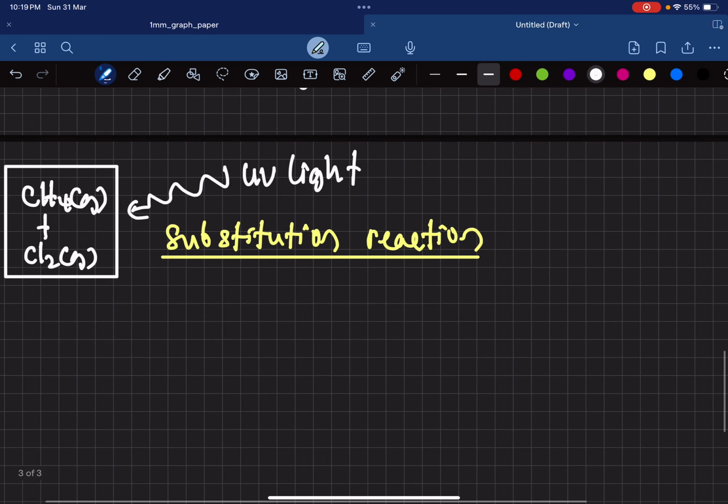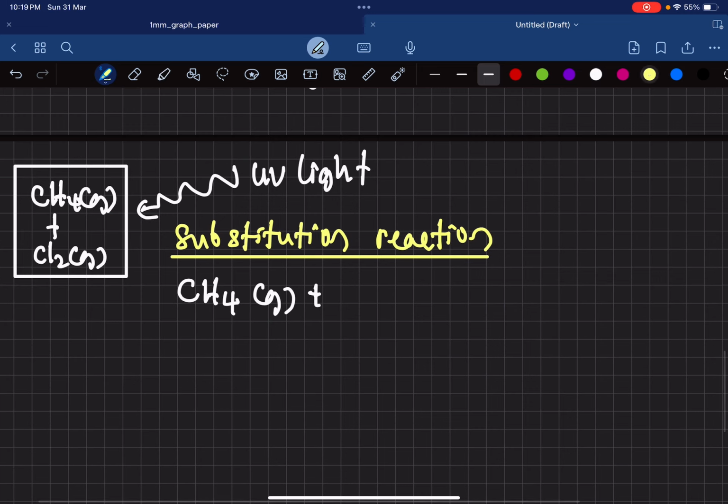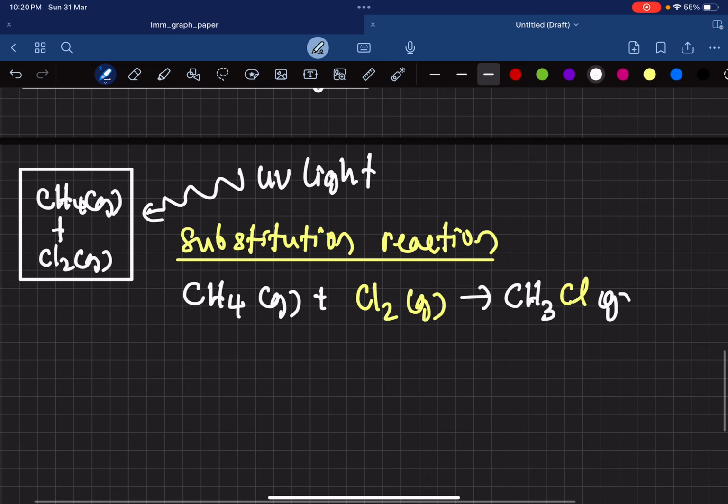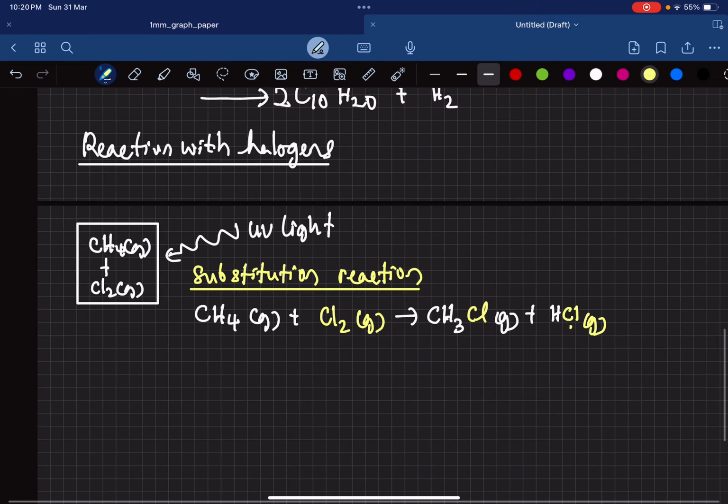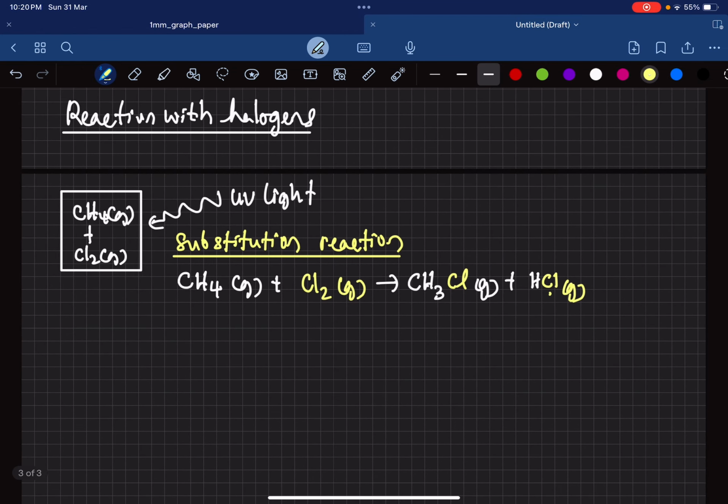Okay, so for example, CH4 gas plus chlorine gas, and then what will happen is you will get CH3Cl, and then you get HCl. This is also a gas. Okay, so what happened is one of the hydrogens had been substituted.